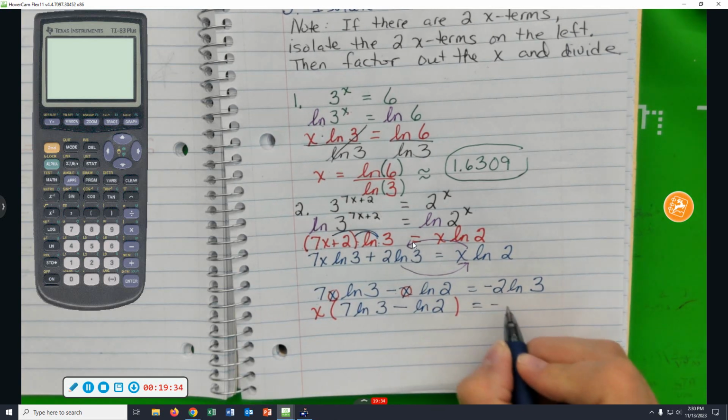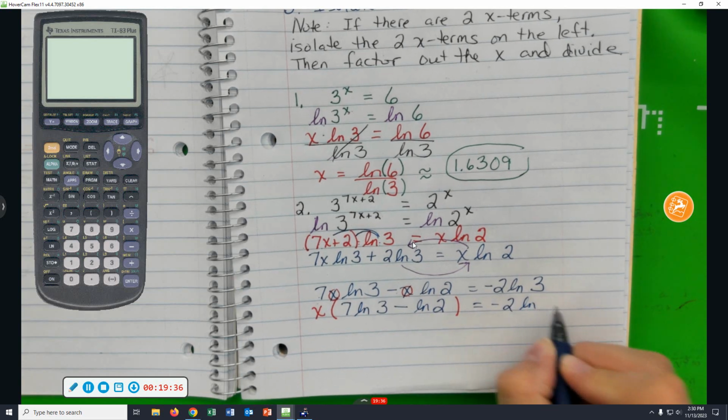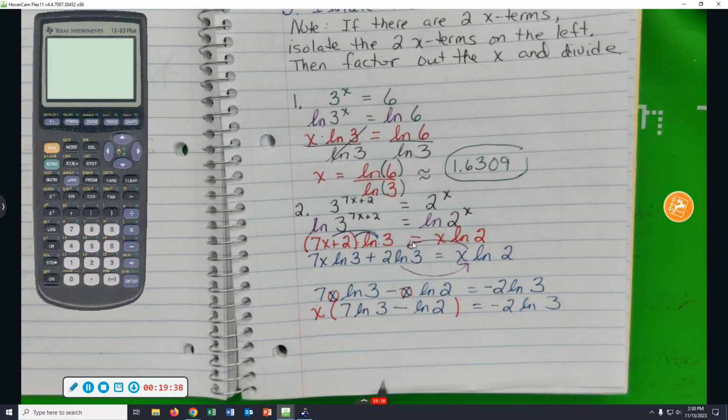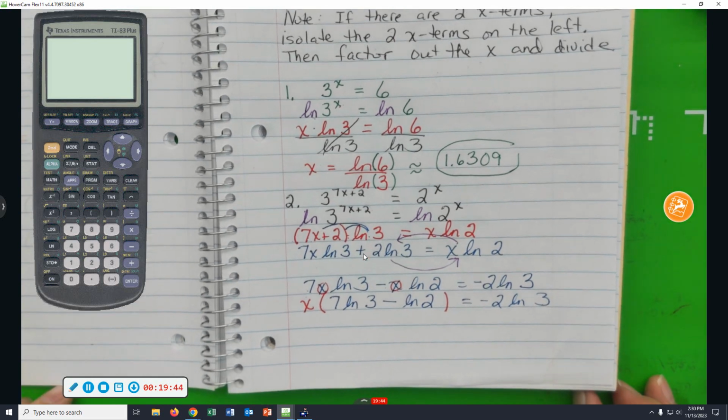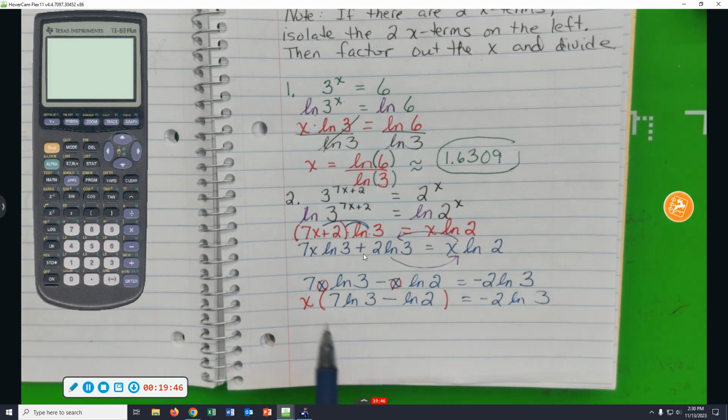Any questions how I factored that x out? Y'all see what I did? Factor that x out of there. That's how I went from two different x's down to just one x.